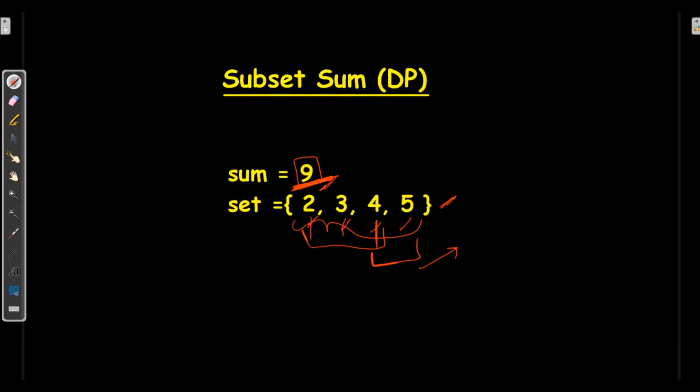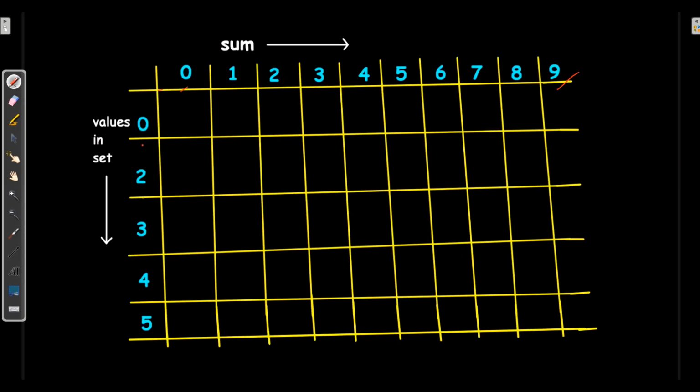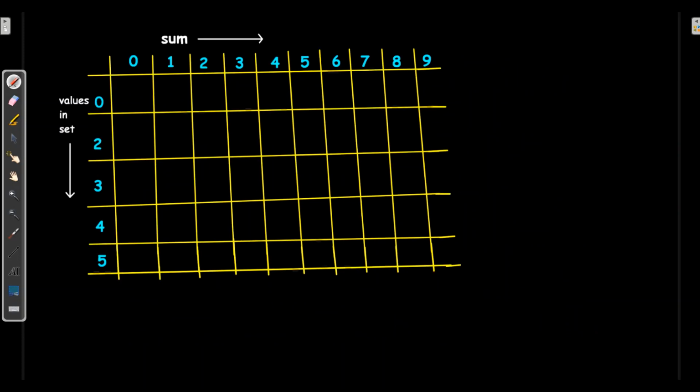The values in the set are 2, 3, 4, 5, and I'll plot the same over here: 2, 3, 4 and 5. Additionally we will take 0 as a base condition. Let's get started. We start with 0 to make the sum 0.